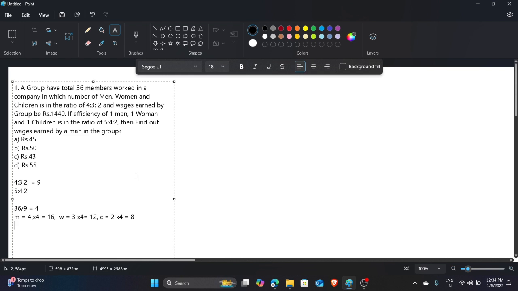Now what they are asking: they have this much money. The total wages is 1440. Now what we have to do is divide by their efficiencies.